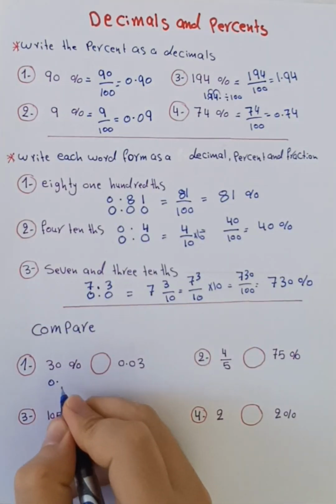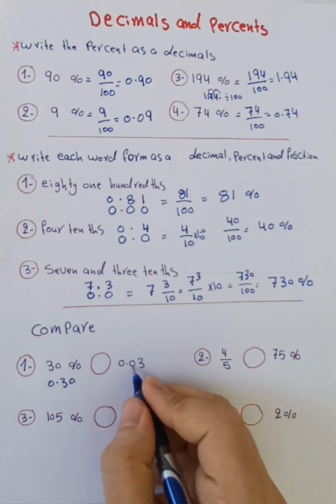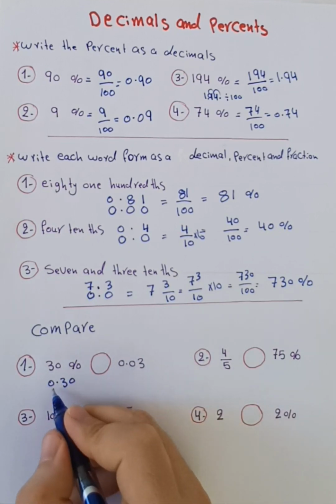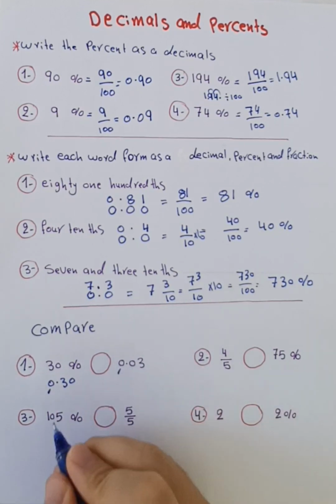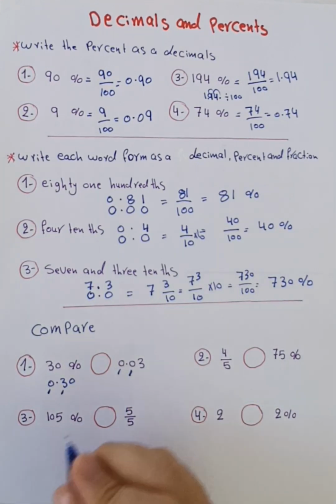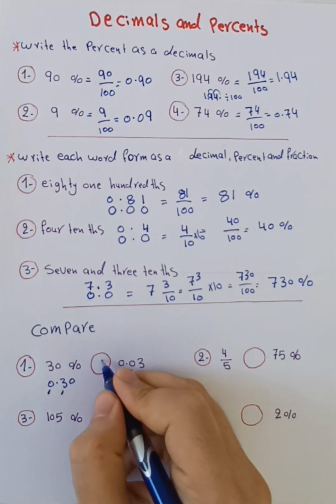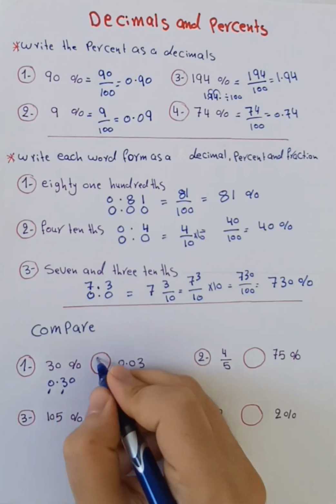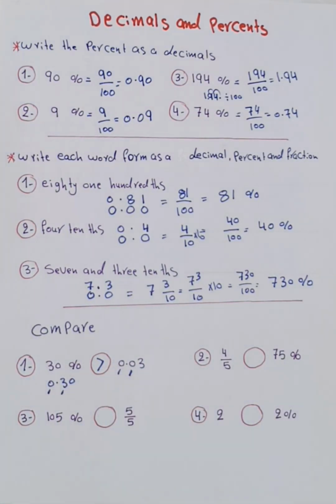So we have 0.30 and 0.03. Ones is 0, ones is 0. Tenths is 3, tenths is 0, so 3 is greater than 0. It means 30% is greater than 0.03.